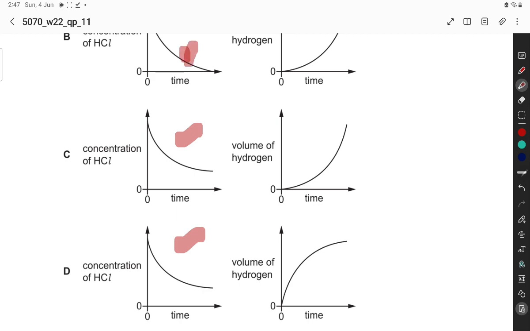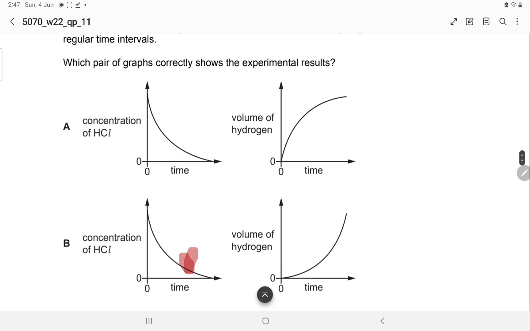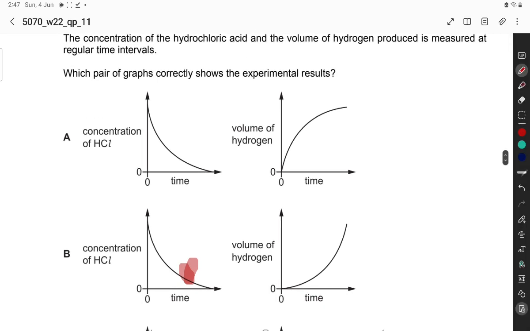And this is incorrect, as the concentration of HCl is in excess, so it will not be 0. Volume of hydrogen gas is produced, so this is correct.